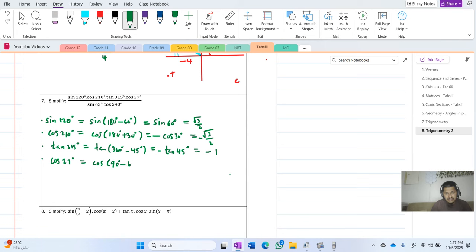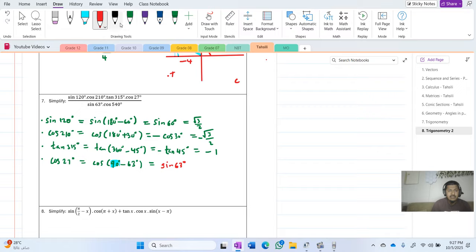We are using 90 degrees now, and it's in the first quadrant, so cos is positive, and it changes to sine, so sine 63. Great, we have everything on top. Now sine 63, we're not going to change that because we already have cos 27 and sine 63 cancelling out.